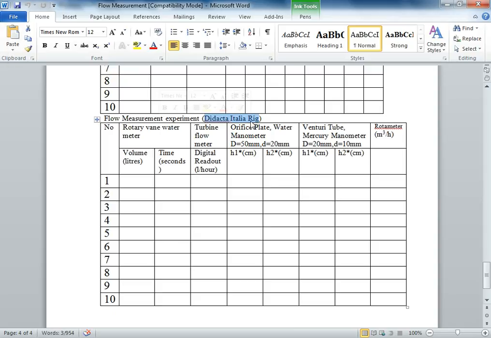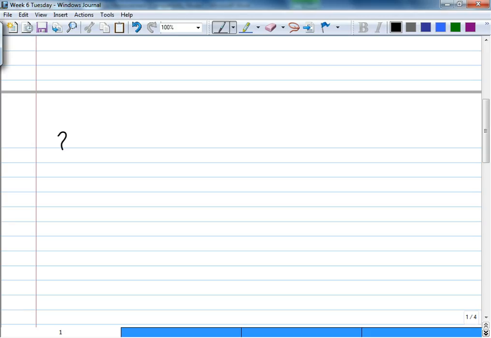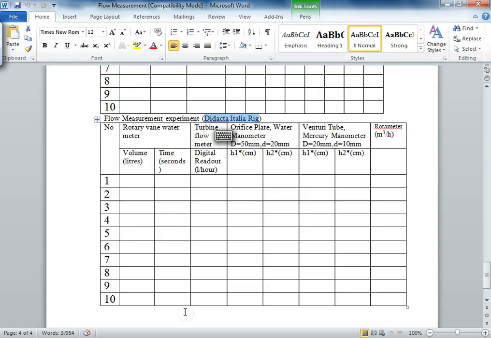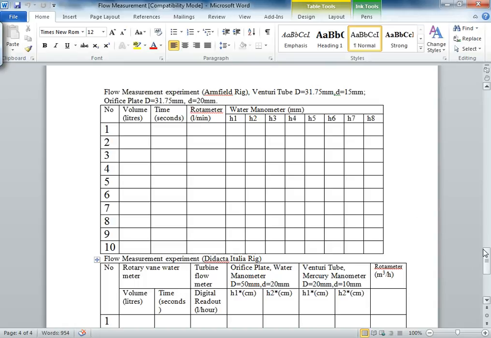In both cases, you measured volume and time. So you divide the volume by the time. What do you get? The volumetric flow rate.